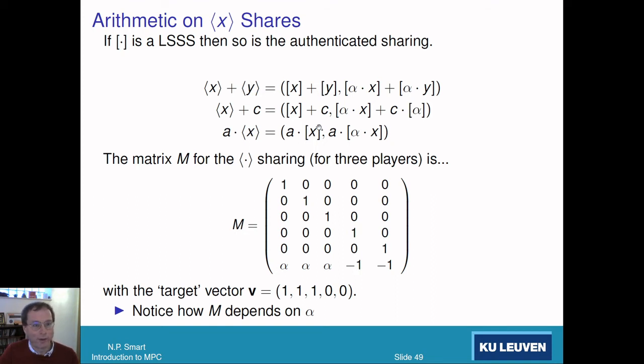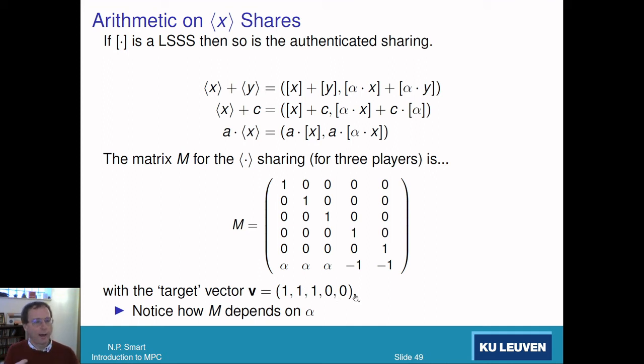The underlying matrix in the three-party case is given by this matrix here. This is the matrix of the linear secret sharing scheme, which has 2n rows and 2n minus 1 columns, and the target vector consists of n ones and n minus 1 zeros.